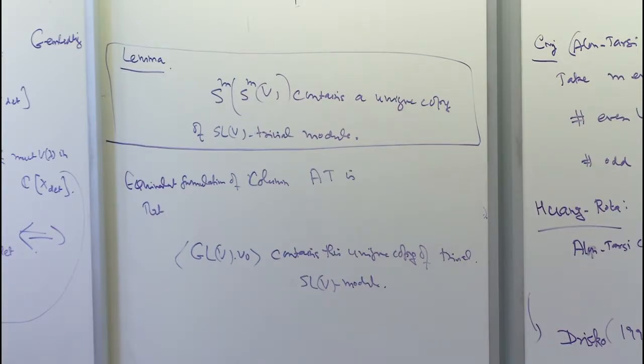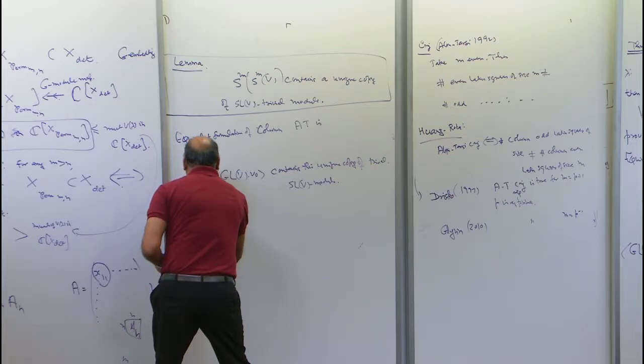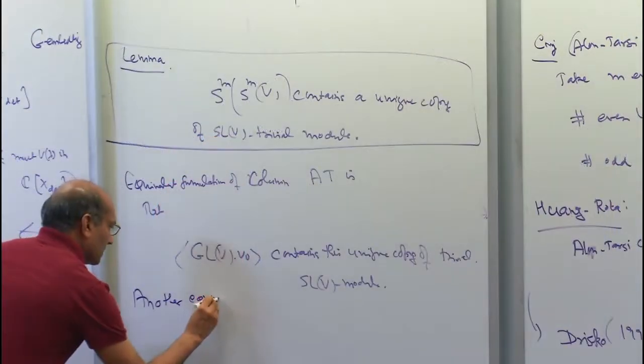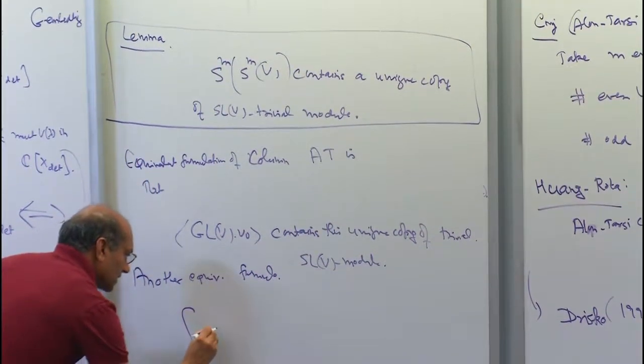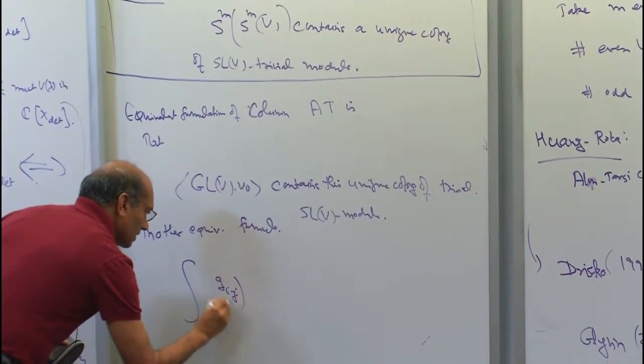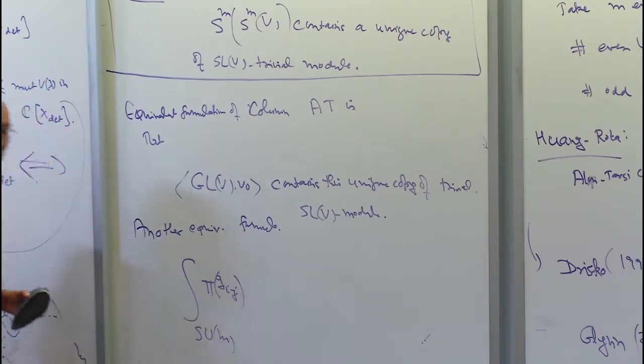Actually, my time is more than up. There is one other equivalent formulation which Joseph and I have arrived at, and hopefully it will see light sometime. It will take 1 minute to describe. You take this function over SUN.